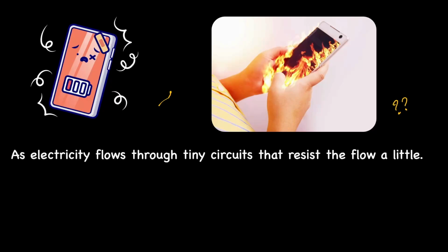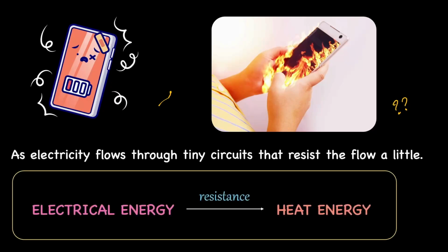And eventually, it's this resistance that converts electrical energy into heat energy. So, if you look at electrical irons, geysers, room heaters, they all simply convert electrical energy into heat in a controlled manner.